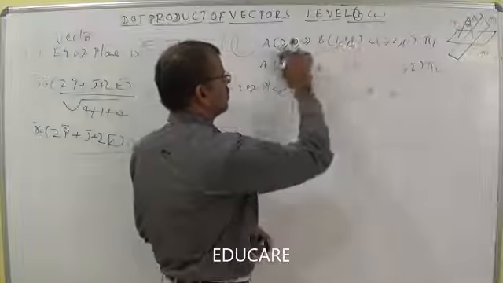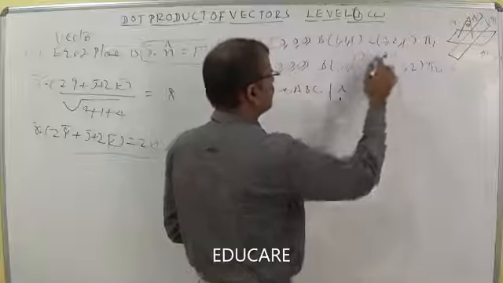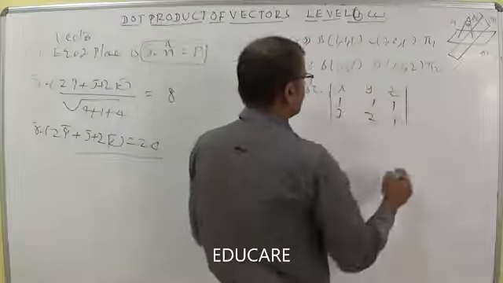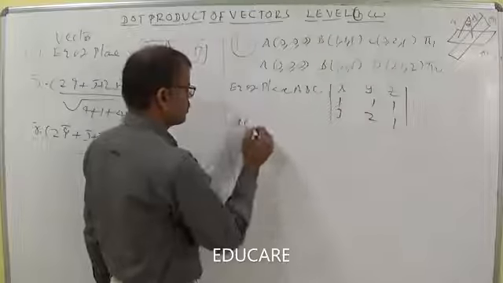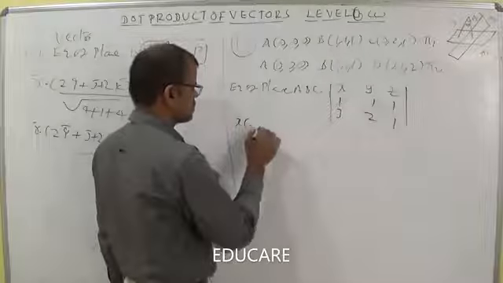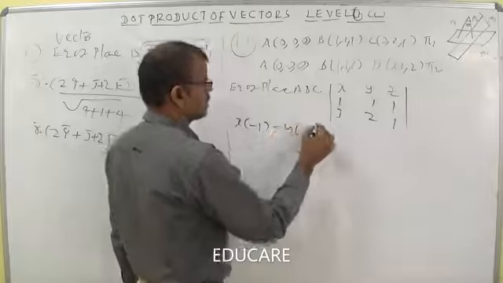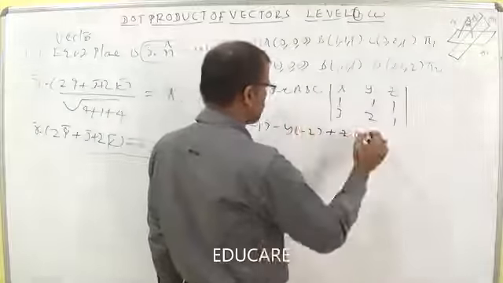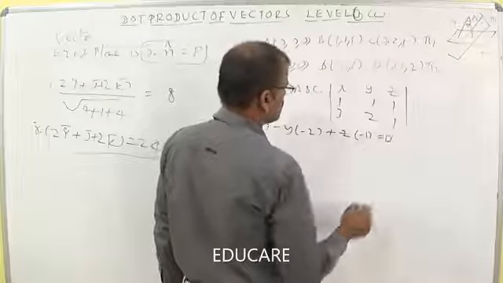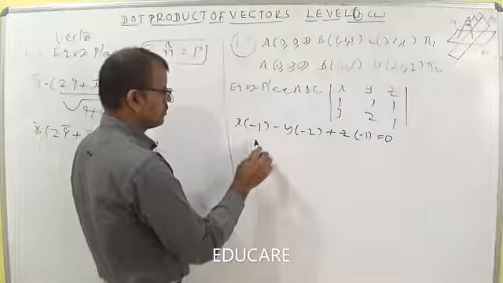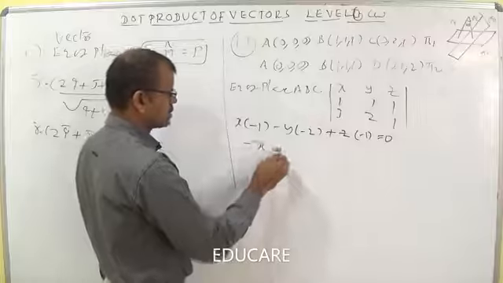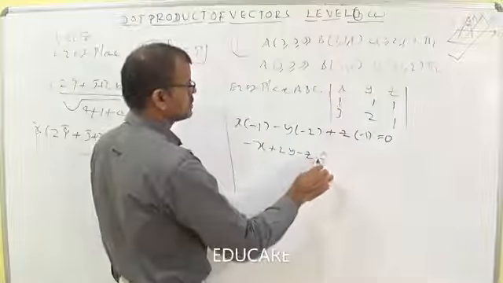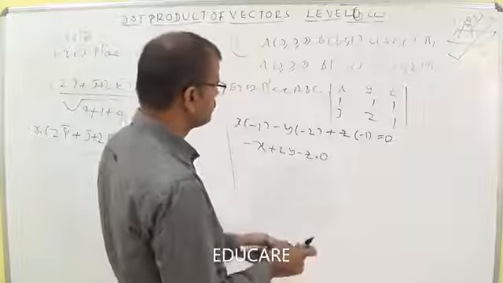OB minus OA is 1, 1, 1. OC minus OA is 3, 2, 1. Now you find the equation of the plane using this. X into (1 minus 2) minus 1, minus y into (1 minus 3) minus 2, plus z into (2 minus 3) minus 1, equal to 0. So you will get minus x plus 2y minus z. There is no constant. Okay. Equal to 0.